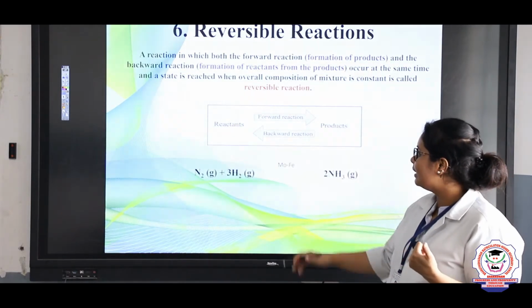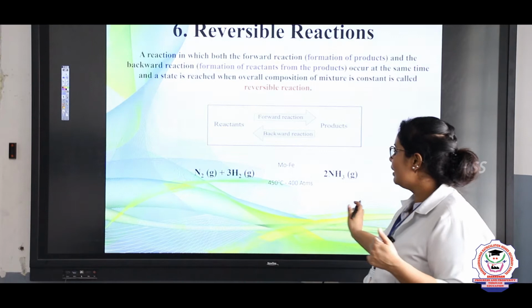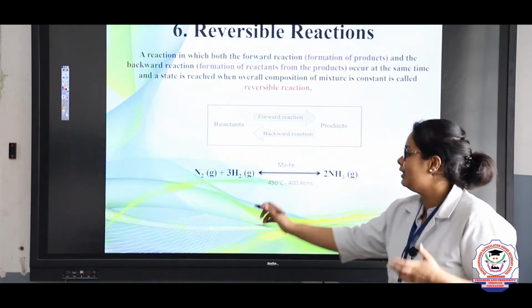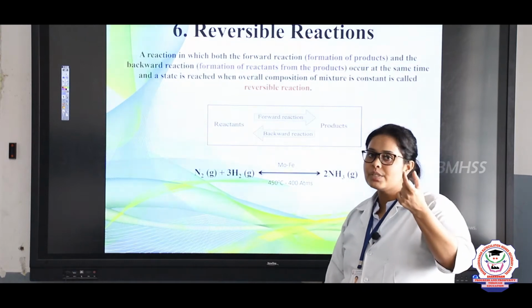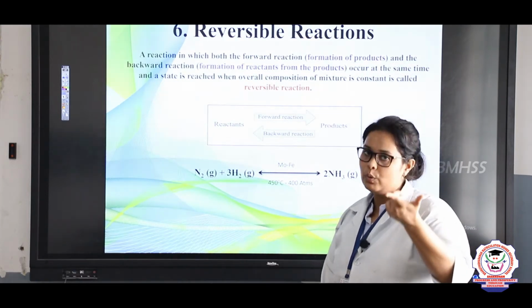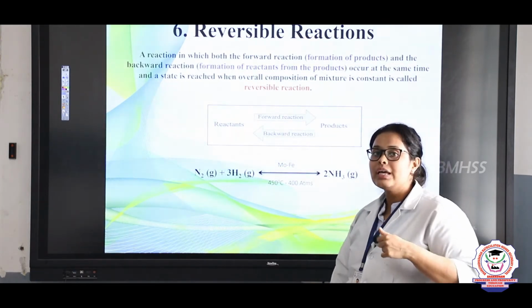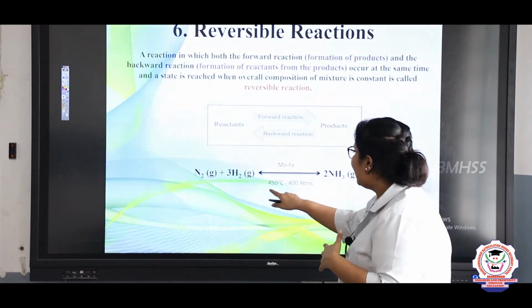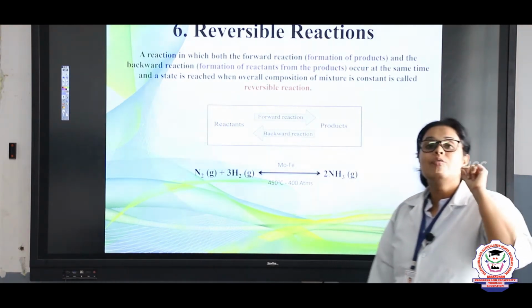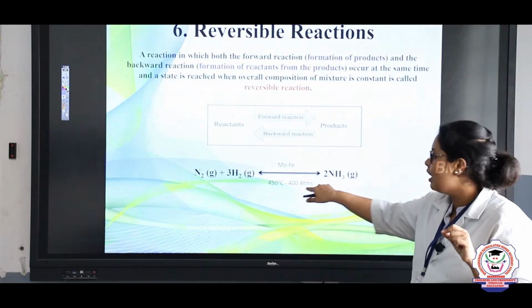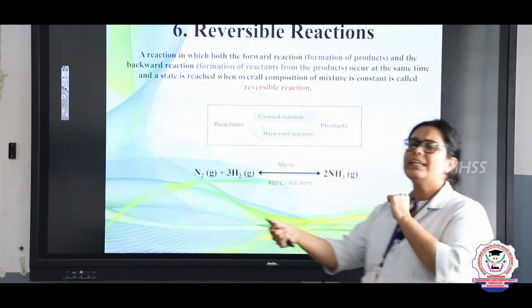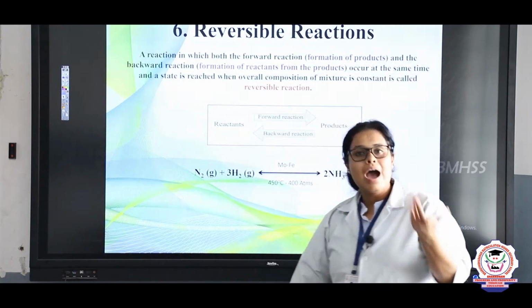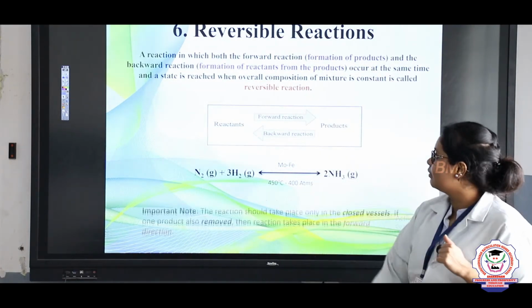For example, here again we are taking nitrogen and hydrogen. When these two combine together, at this particular point molybdenum is what, children? It is a promoter, and Fe is what? Fe is iron. At the temperature of 450 degrees Celsius and 400 atmosphere, it will give ammonia, and automatically it will convert back into the nitrogen and hydrogen, right.